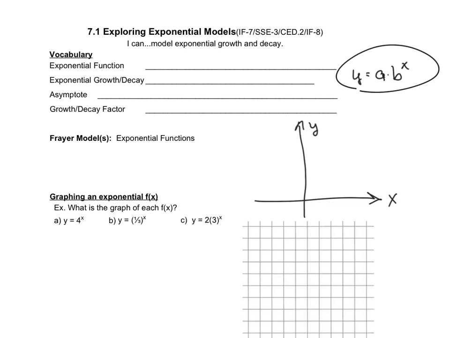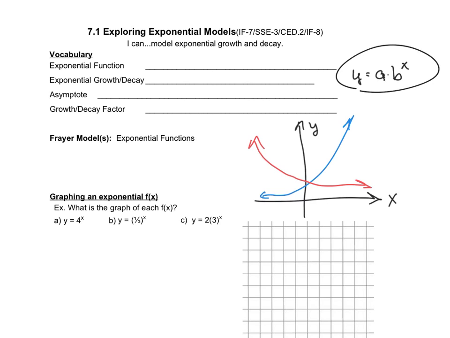And when we have exponential growth, we know as we look at the exponential function from left to right, it is increasing, and when we have an exponential function that is decreasing, we are getting smaller as we go from left to right.